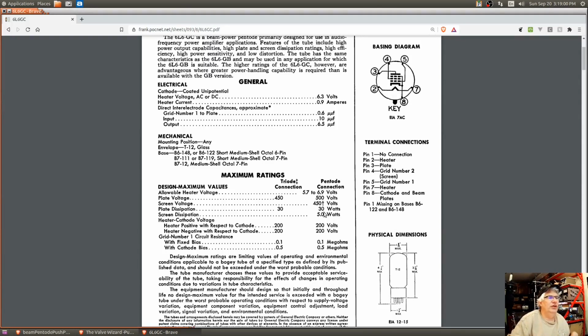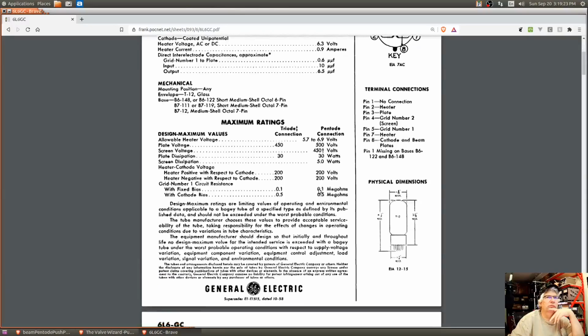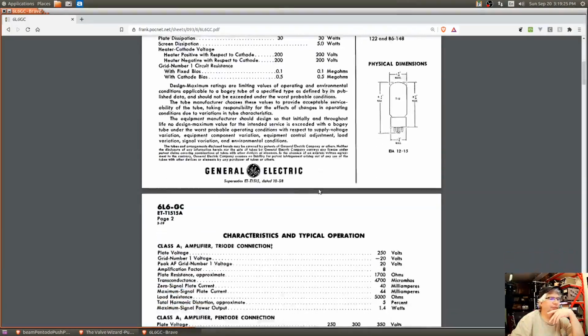The plate dissipation is 30 watts, and the screen dissipation is 5 watts. Those are the maximum values that the engineers at General Electric advise you to use. If you exceed these, you're liable to potentially degrade the life of the tube.